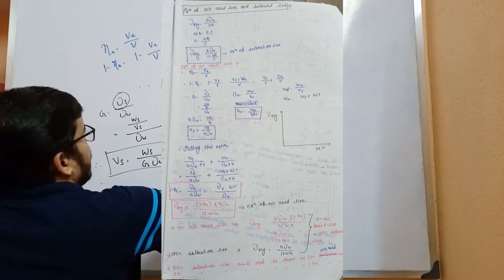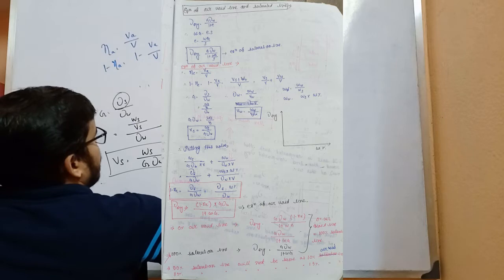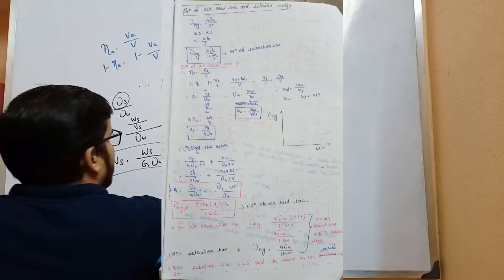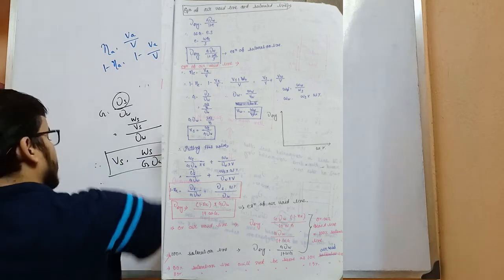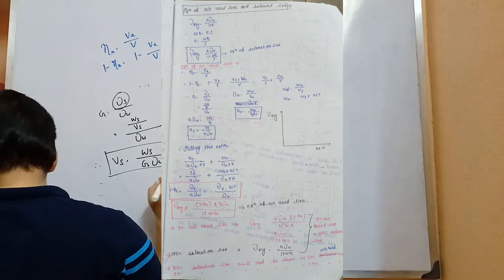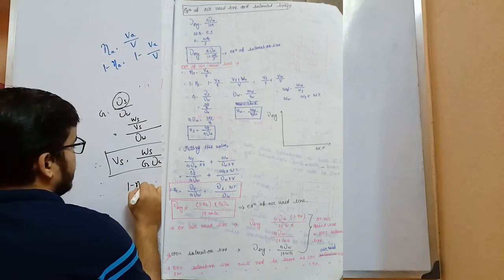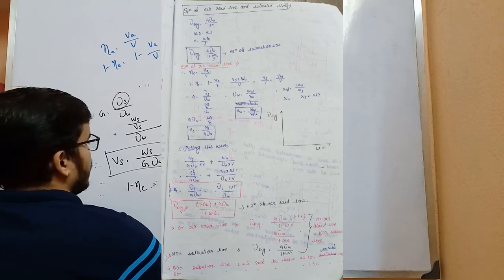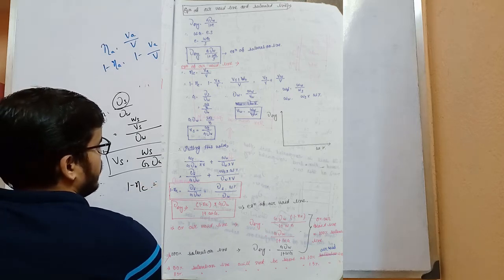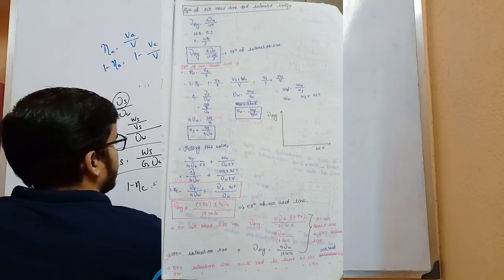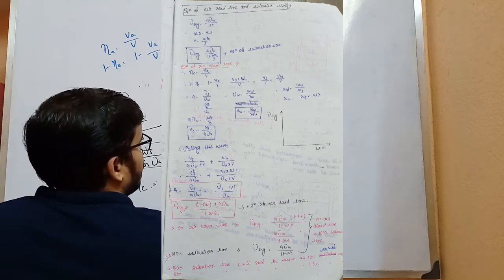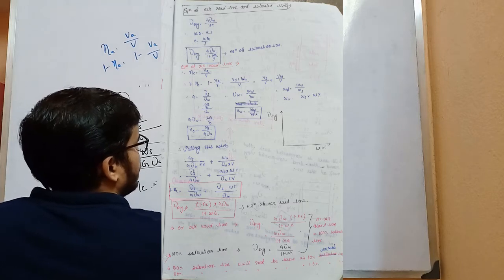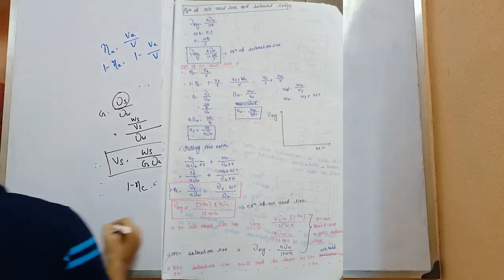Gamma W is equal to Ww by Vw, then Vw equals Ww by gamma W. Then putting all of these two values here, what we are getting: 1 minus eta A equals Ws by G gamma W into 1 by V plus Ww by gamma W into 1 by V.